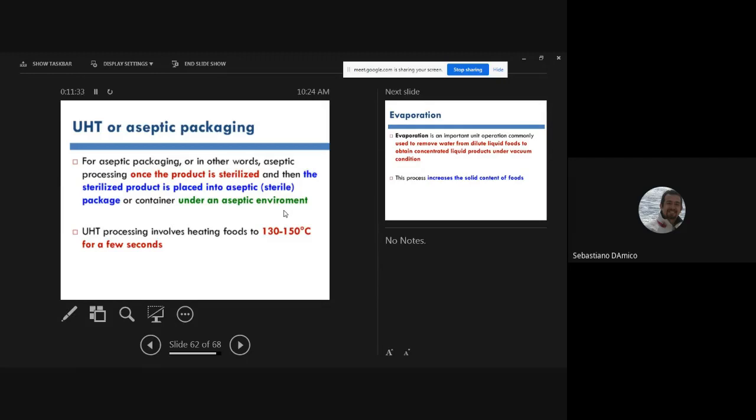UHT. We see this kind of acronym in several products. In this particular case, it involves heating food at about 100 to 150 degrees for a few seconds. To get this product sterilized, it is placed into a sterile aseptic package under an aseptic environment.